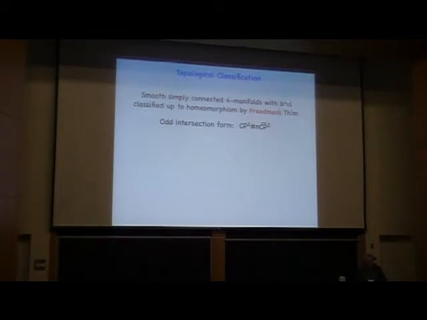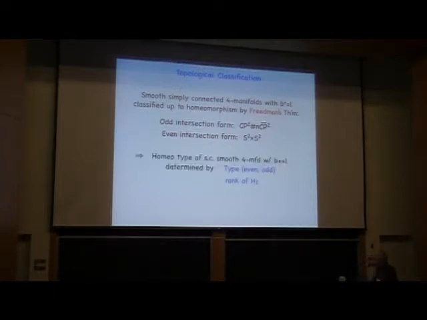Namely, those with odd intersection form are CP2 connected sum a bunch of CP2 bars, and with even intersection form, just S2 cross S2. So that means that the homeomorphism type of a simply connected smooth core manifold with b plus equals 1 is determined by its type, namely the evenness or oddness of its intersection form, and the rank of its second homology.